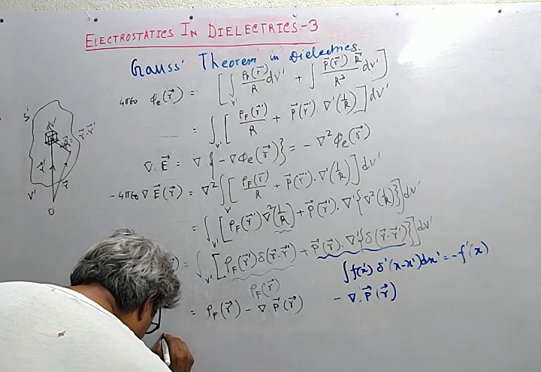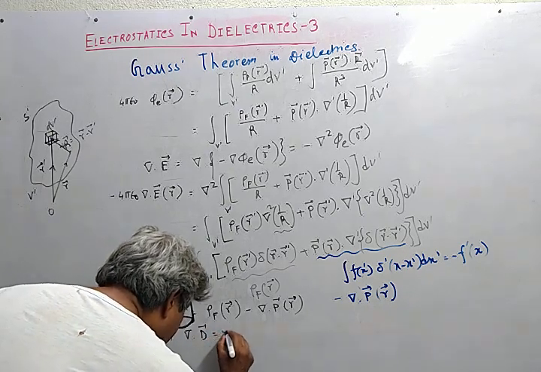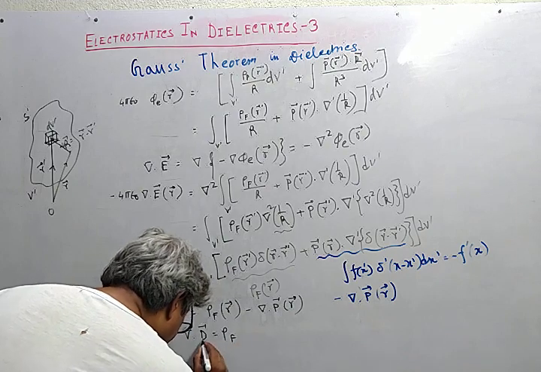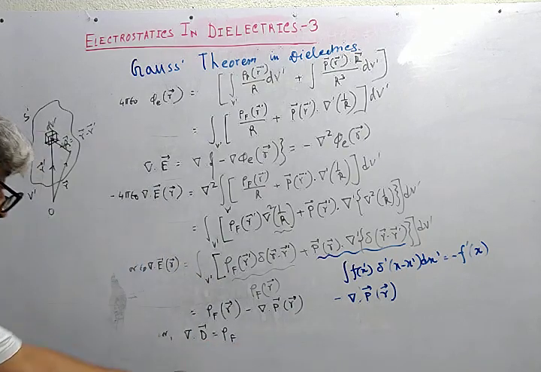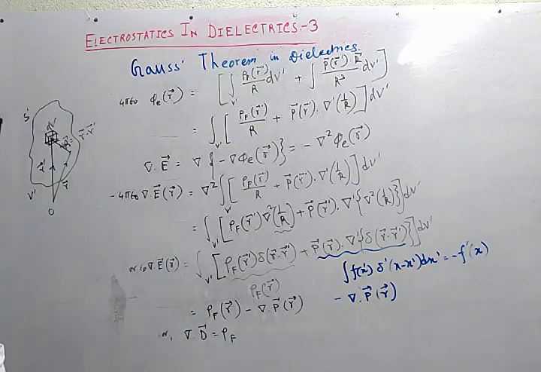So again we land up with divergence of D is equal to rho f, and it is a point relation, meaning left hand side and right hand side refer to the same field coordinate.